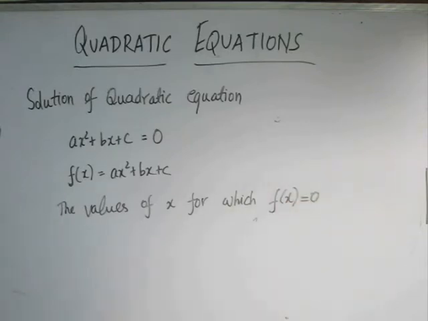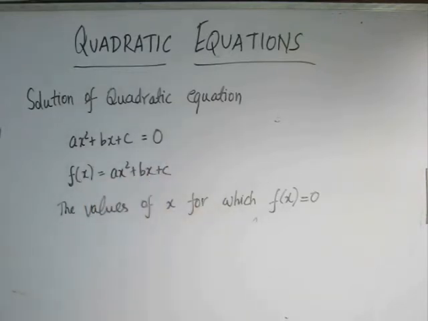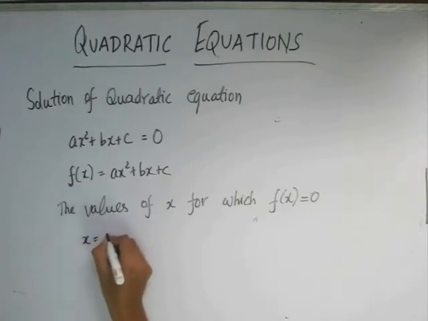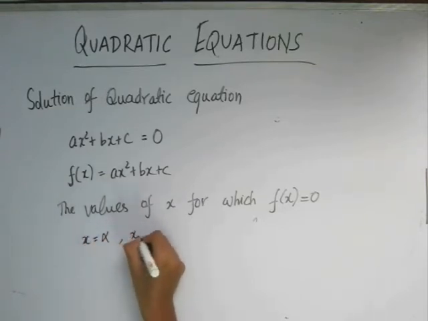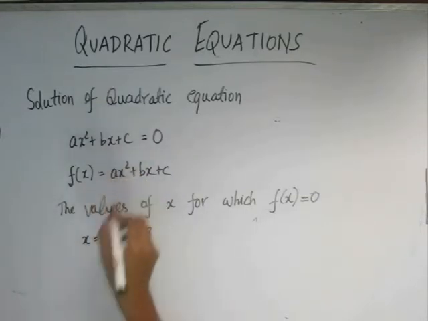These values of x are called the roots of the quadratic equation ax square plus bx plus c equal to 0. So suppose x equal to alpha and x equal to beta are two constants which when substituted in this particular equation give the value 0.